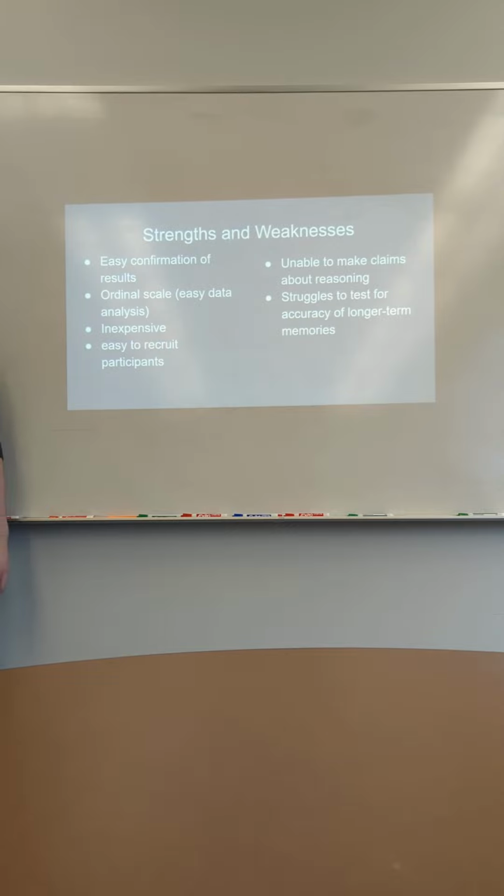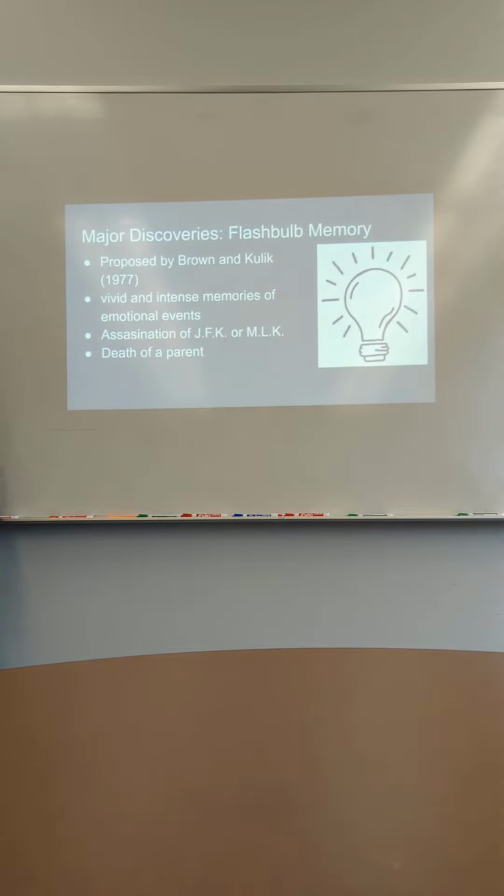So I'm going to talk about two studies here. A major discovery made using recall tests has been termed flashbulb memory, proposed by Brown and Kulik in 1977. Flashbulb memory is the idea that memories tied to really strong emotions are more vivid and more accurate, but that's not really the case.